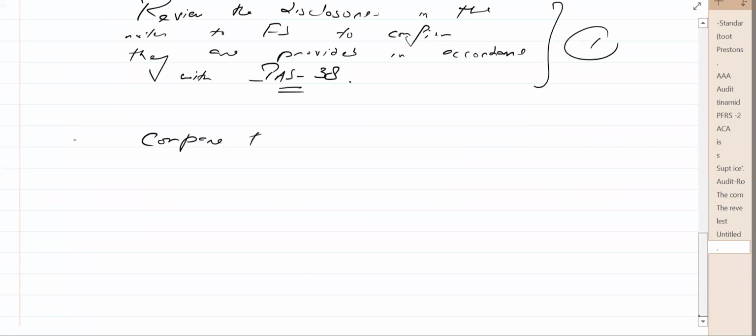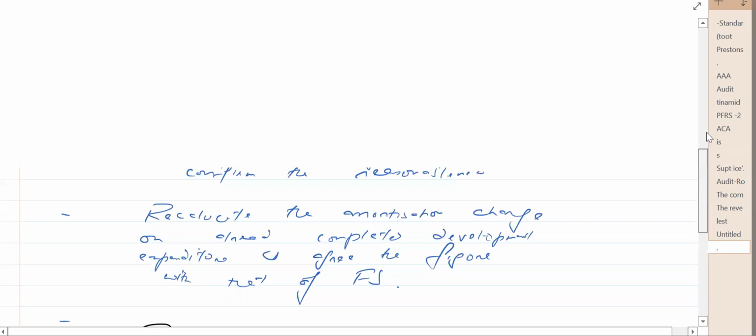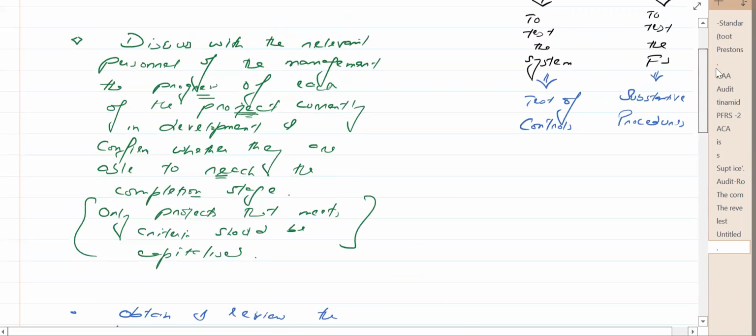Compare this year amortization charge with previous year and investigate the differences.